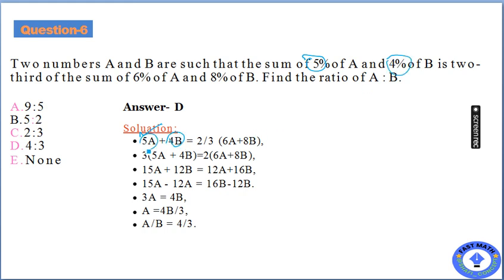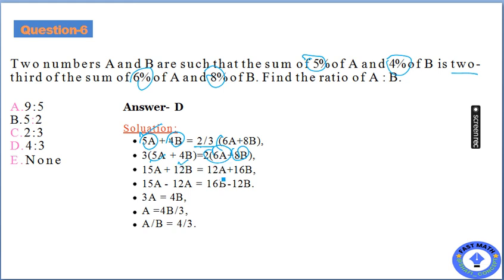That means 5A plus 4B is equivalent to 2/3 of the sum of 6% of A, that is nothing but 6A, and 8% of B, that means 8B. You calculate this one, it becomes 15A and 12B.